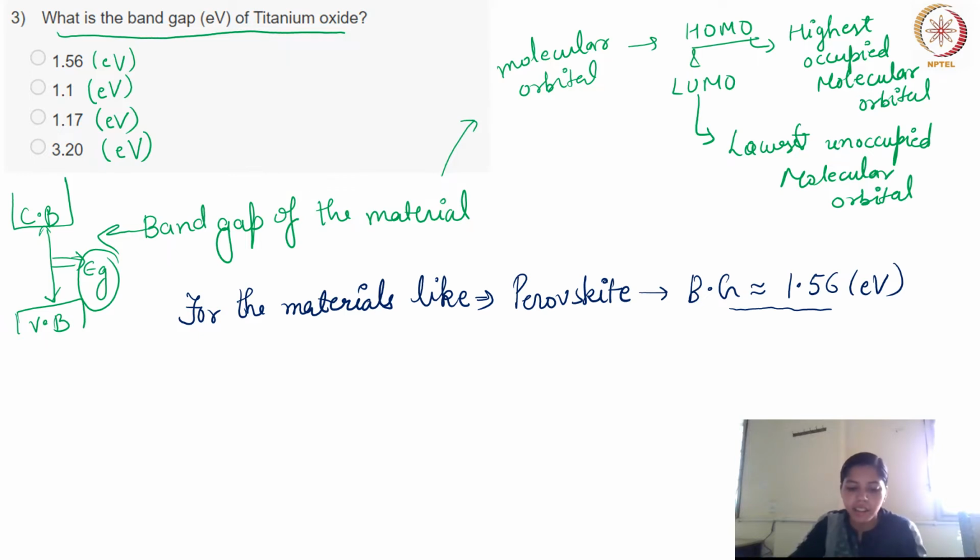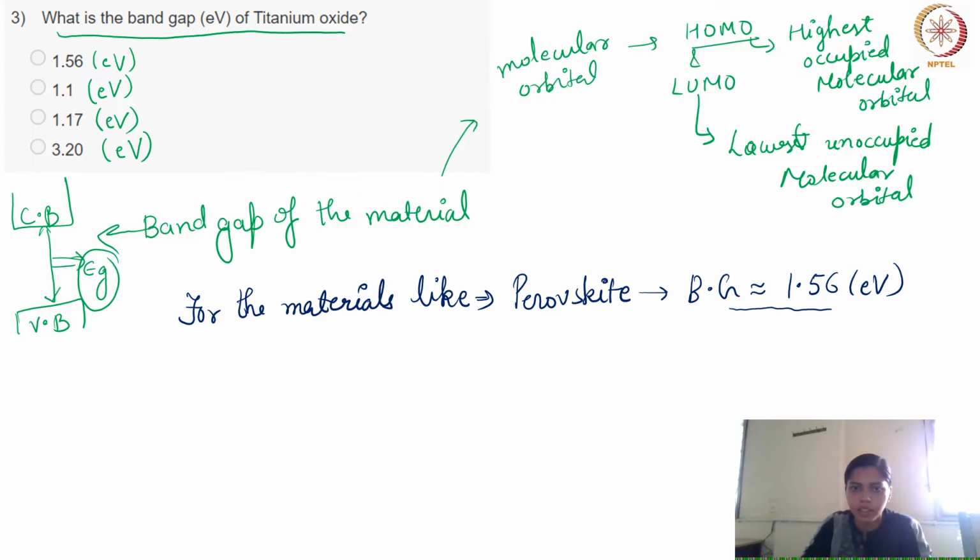Can anyone tell me which perovskite has a band gap near this value? You can write your answer in the chat box. Anyone? Okay, Naman, that is correct.